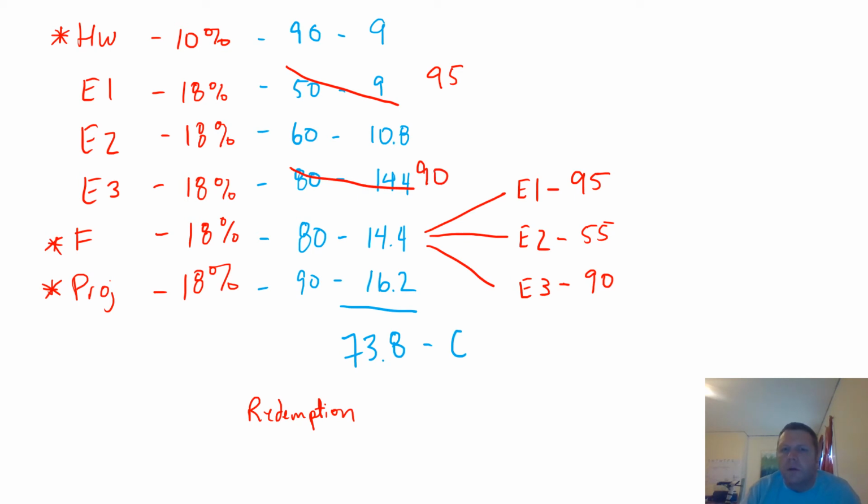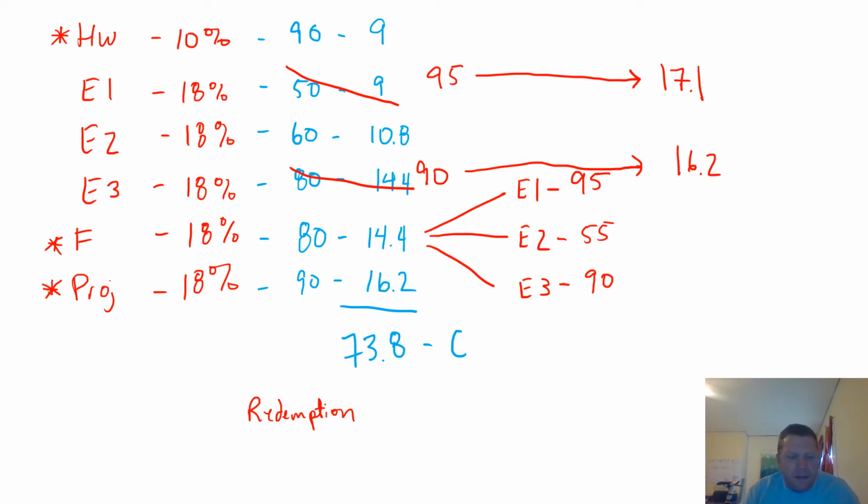So what I'm going to do is look at these point totals. What are my percentages? 95 times 0.18 is 17.1. Okay. 90 times 0.18 is 16.2. Okay, so no longer am I counting that 9 and that 14.4, but instead I'm counting this 17.1 and these 16.2s.